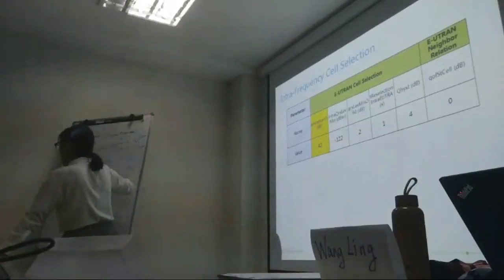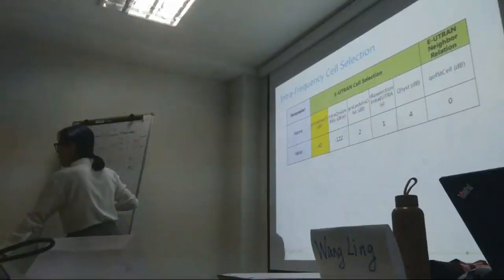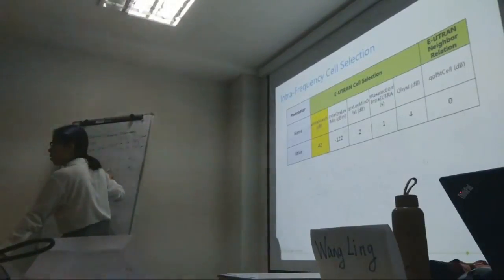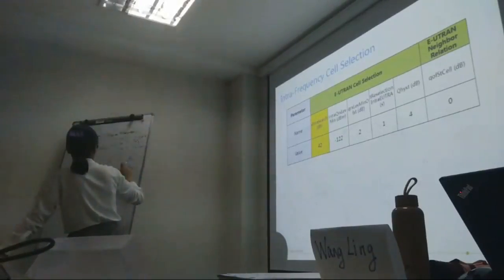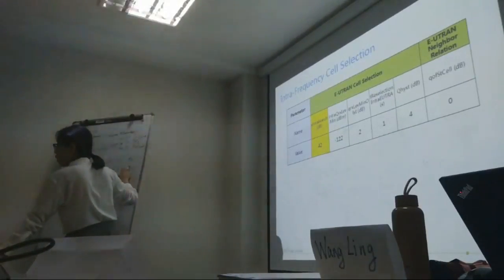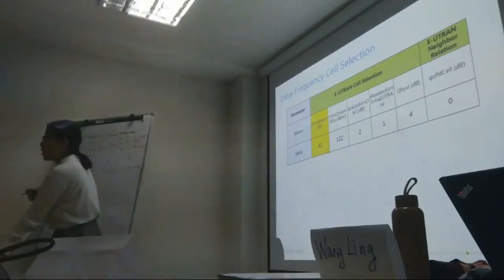This is a parameter similar to the CIO, but here we name it the offset. And for the measurement of the serving cell, we give it a hysteresis.